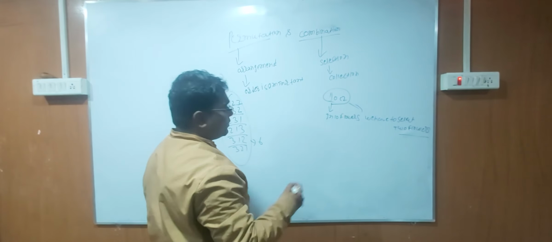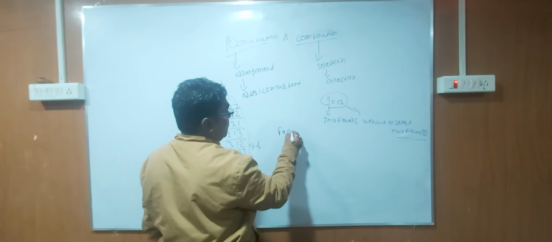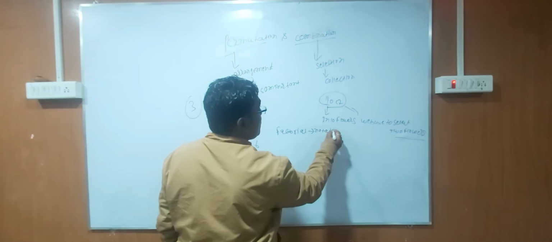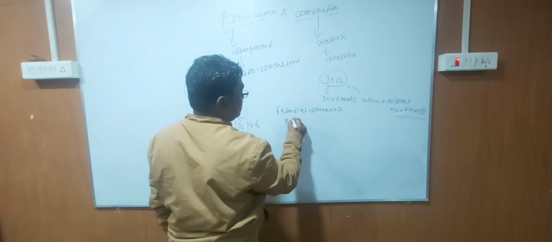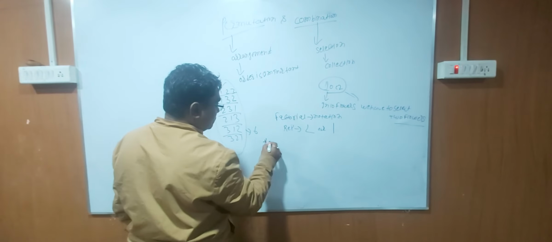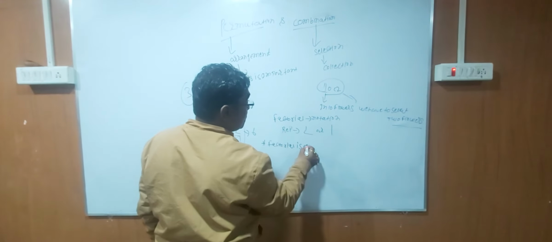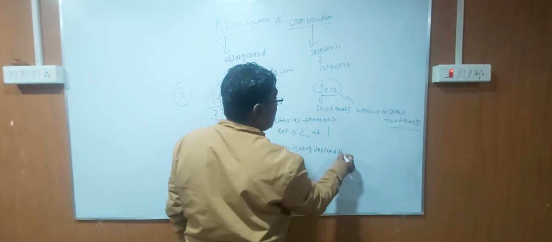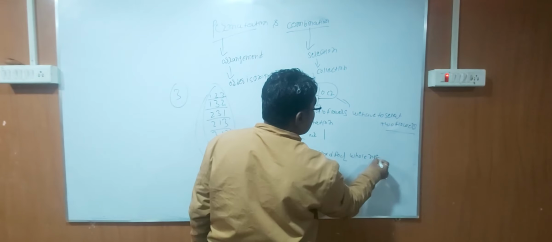First of all, you have to understand factorial notation. Factorial notation we represent by this or by this. Factorial is only defined for whole numbers.